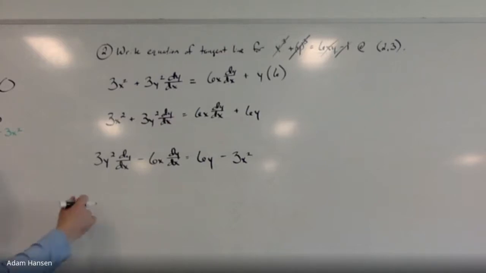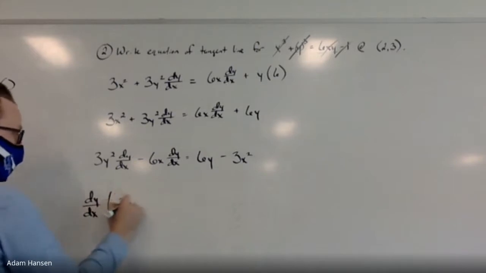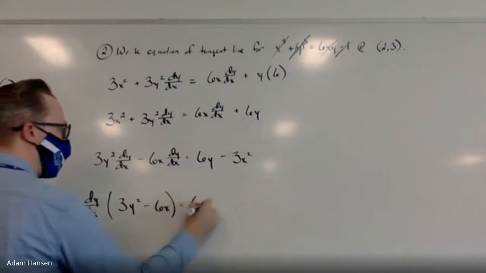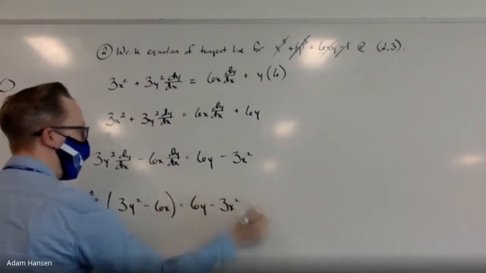Now dy/dx is a GCF that I can factor out. So dy/dx times quantity, everything else, 3y squared minus 6x equals 6y minus 3x squared. Carry that through on the right.